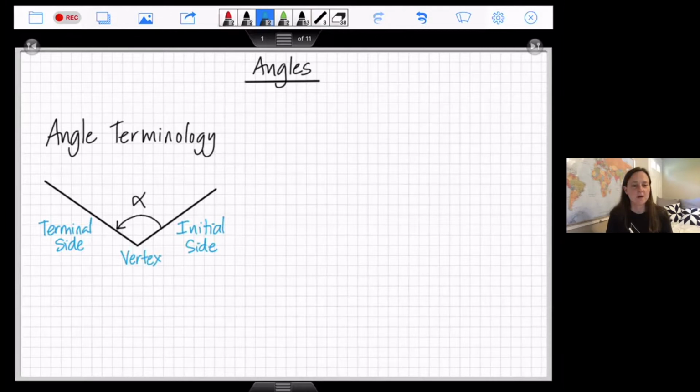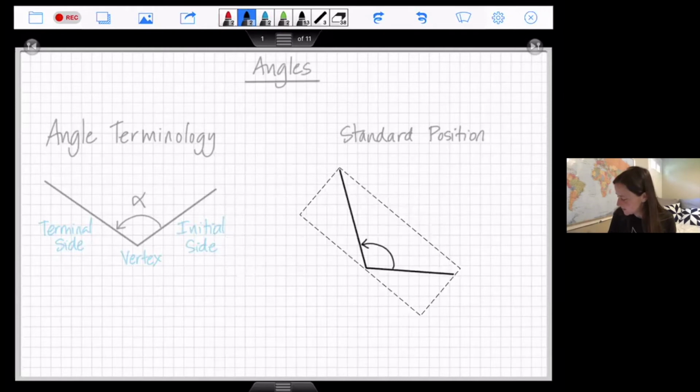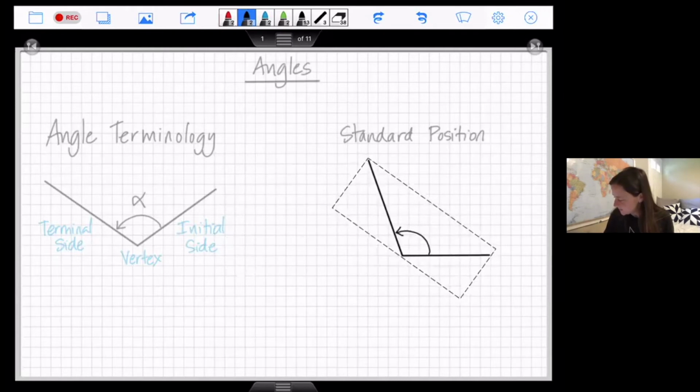All right, so I'm going to take this angle and I'm going to draw it in what we call standard position. So I've copied this angle and I'm going to paste it over here. And then I'm going to rotate this angle so that the initial side is going completely horizontal. There we go.